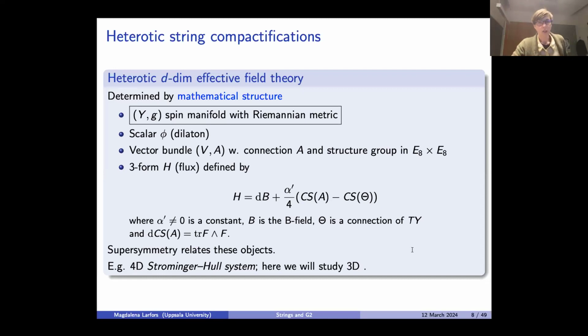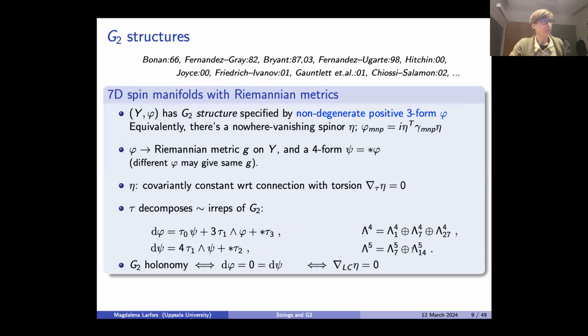Okay, so let's start and talk about what the constraints are on these different objects. Starting with the geometry, if we're talking now about a 7-dimensional compact geometry, in order to go down to the 3-dimensional theories that I'm interested in, we've concluded that in order to preserve supersymmetry, we need something that is spin, and we also want something that is geometric, so that it has a metric.